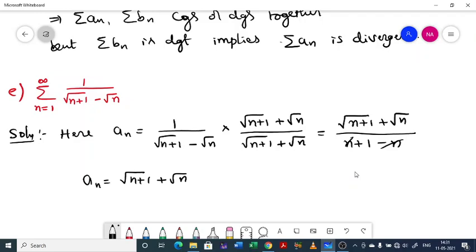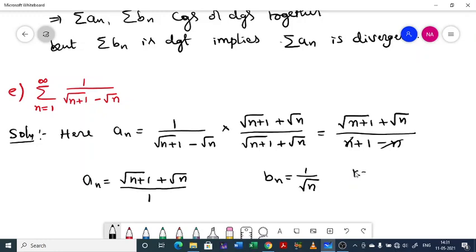Now you have to choose bn. The degree of the denominator you can take as 1, right? Degree of the denominator is 0 minus degree of the numerator is 1 by 2. So you can take bn to be 1 by n power, square root of n you have to take.